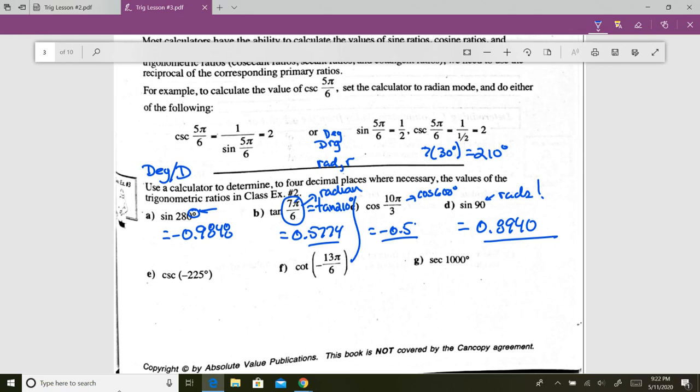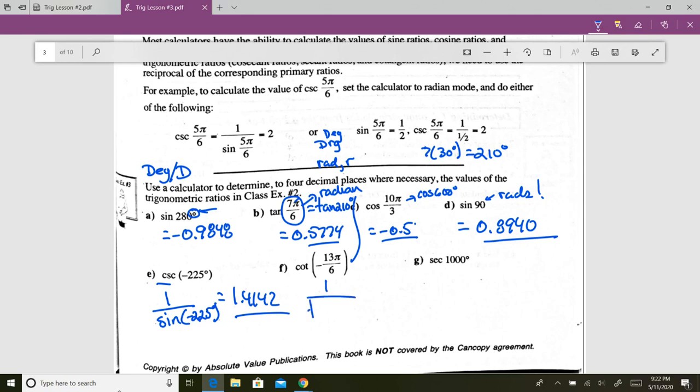Now, the reciprocal ones, remember cosecant, 1 over sine. We're in degree mode. If you do 1 divided by sine of negative 225, you should get 1.4142. Same for this one.